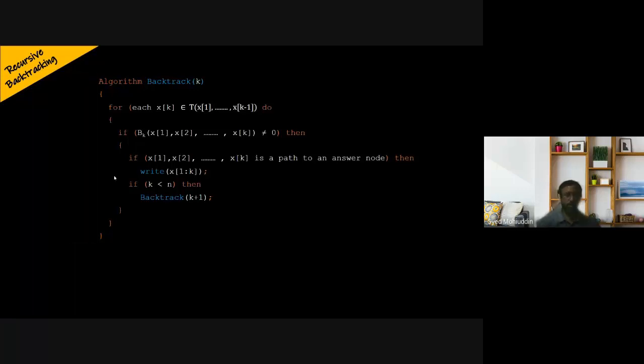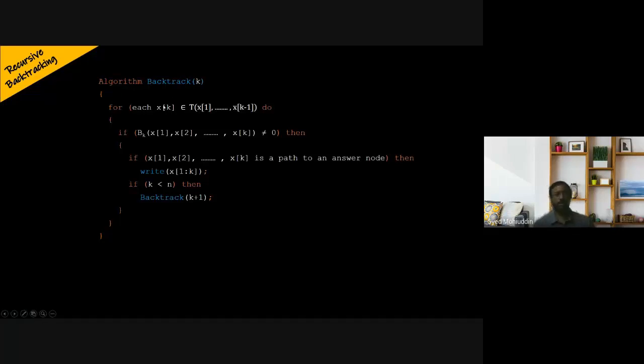Now, there are two generalized algorithms for backtracking. One uses recursion. We call this algorithm backtrack and pass the value k. K is the start of what will be a solution vector at the end.